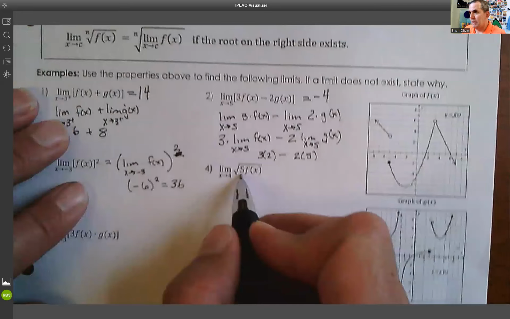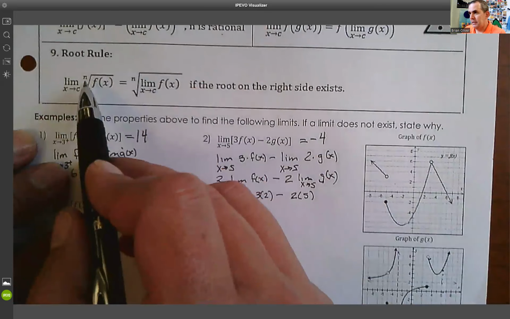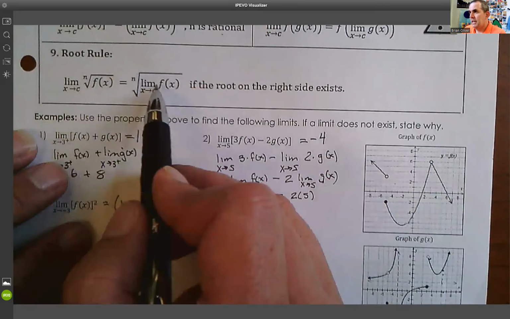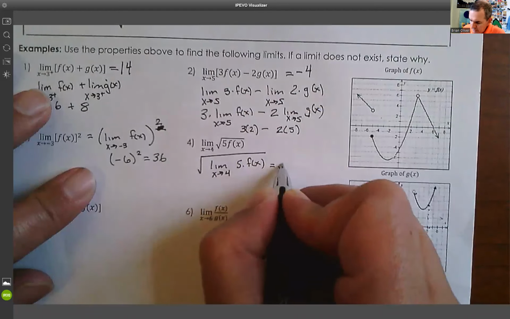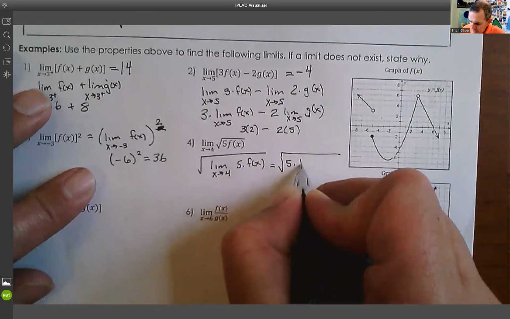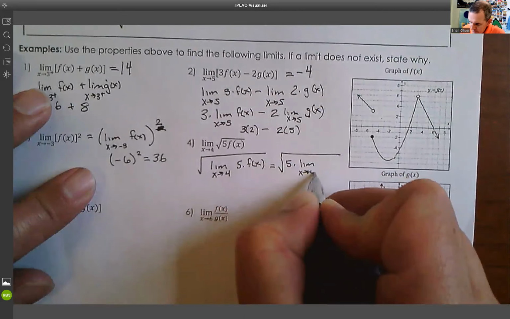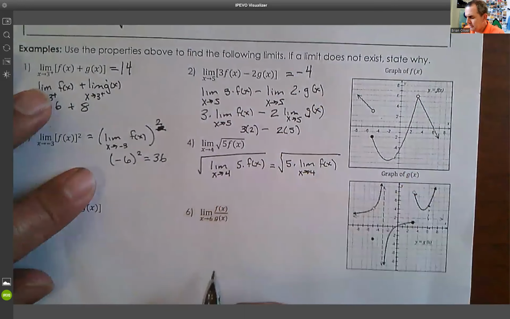Now, there's a radical root rule. If I'm taking a radical of a function, I can then turn that into the radical of the whole limit. So this can become the square root of the limit as x approaches 4 of 5 times f of x. So I can look at this as the square root of 5 times the limit as x approaches 4 of f of x.